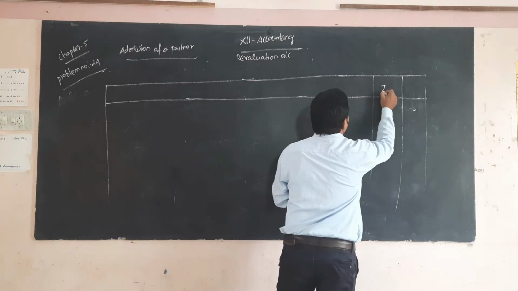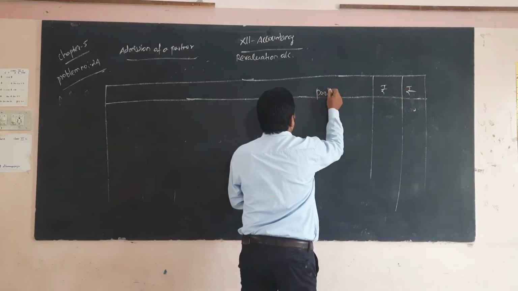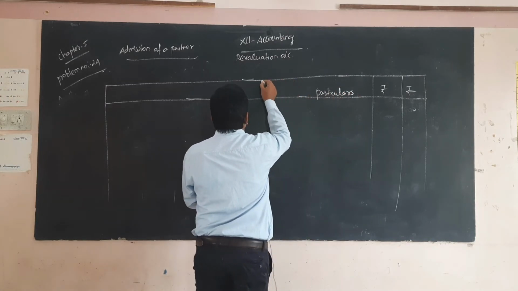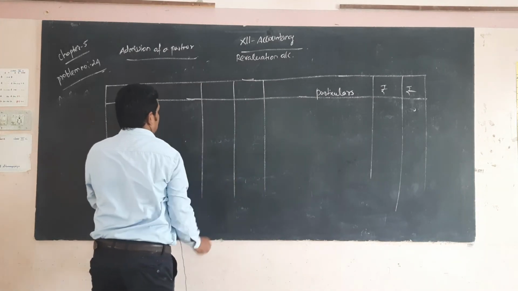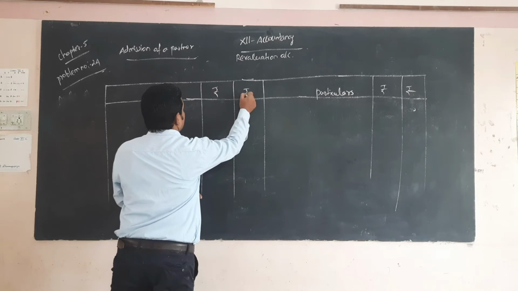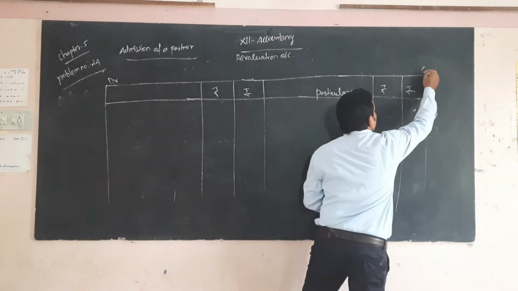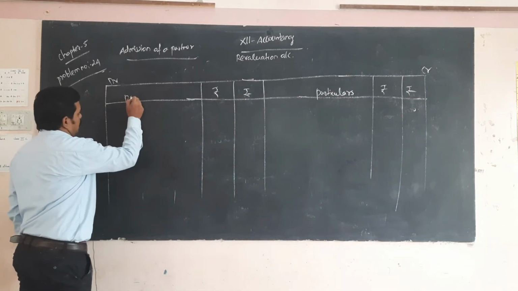Rupees, particulars, rupees, debit side, then credit side. Here also particulars.